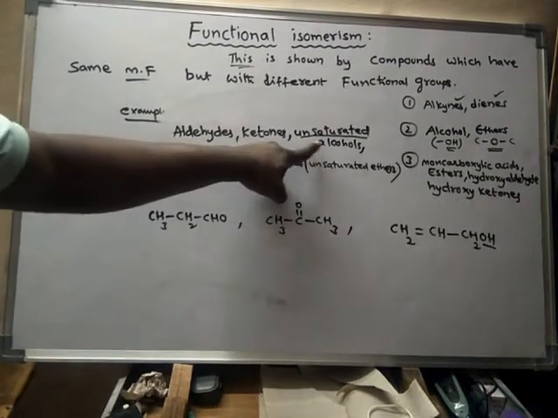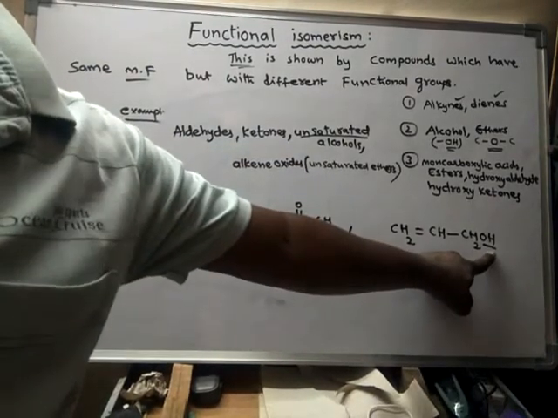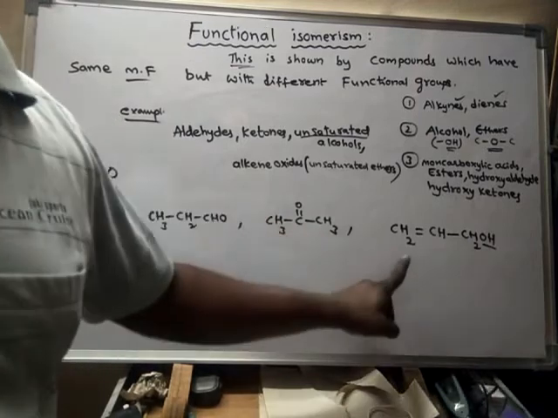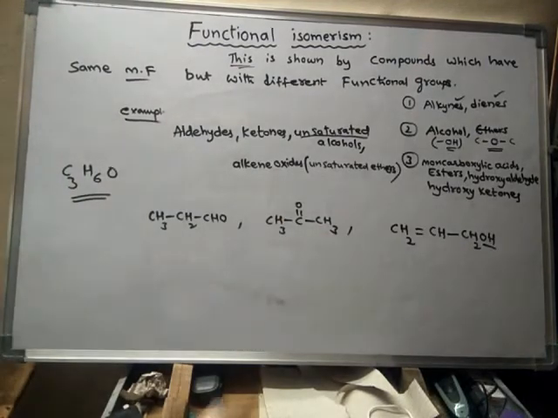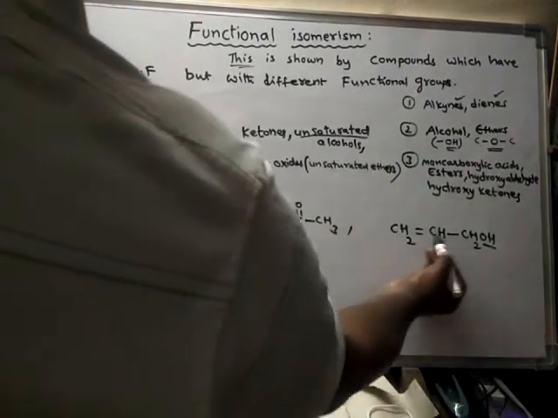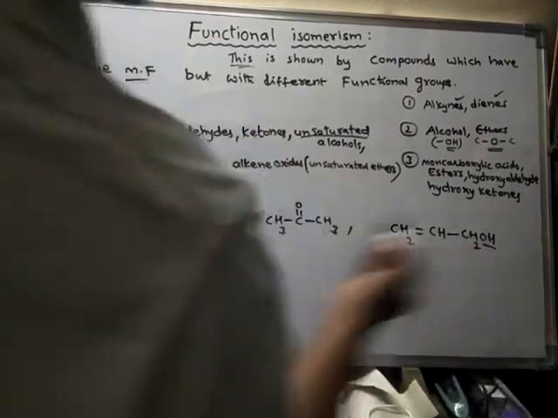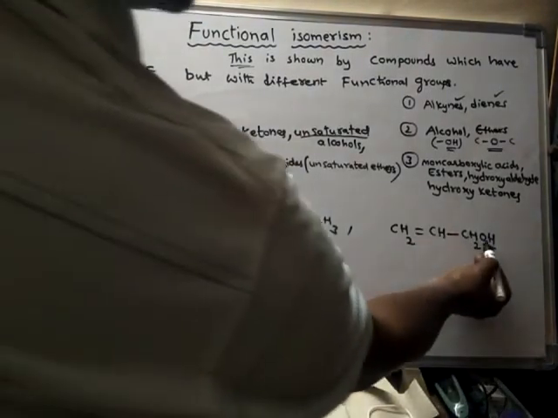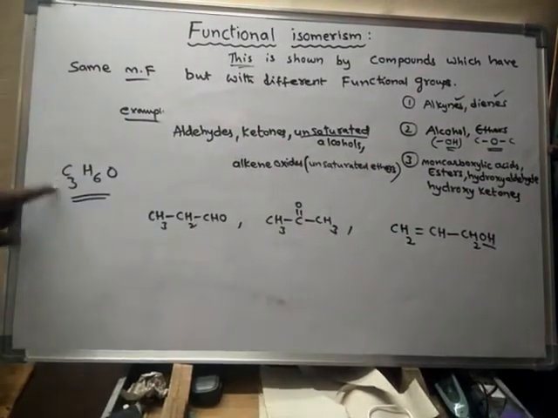Here unsaturated alcohols means a multiple bond and also the alcohol functional group. Both are present, hence such compounds are said to be unsaturated alcohols. How many carbons are there? 1, 2, 3 carbons. How many hydrogens? 3 plus 3, 6. How many oxygens? 1. So even this compound has the same molecular formula.